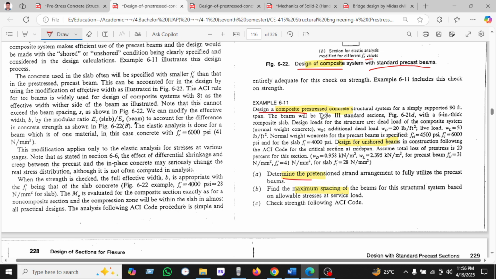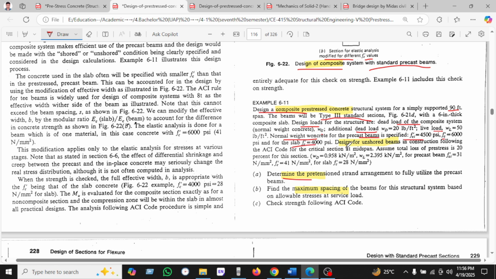Design a composite structural system for a simply supported 90 feet span. The beam will be a type 3 standard section, as you have seen previously, with a 6 by 6 composite slab. The design loads are the dead load of the composite section w_G, and an additional dead load w_D is given, and the live load is given. The concrete prestress beam is specified with this value and this value.